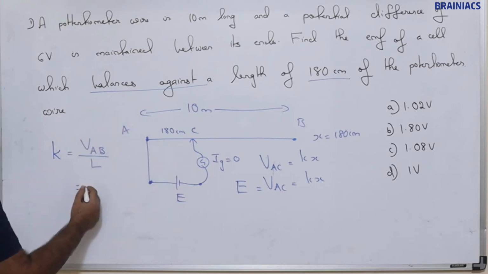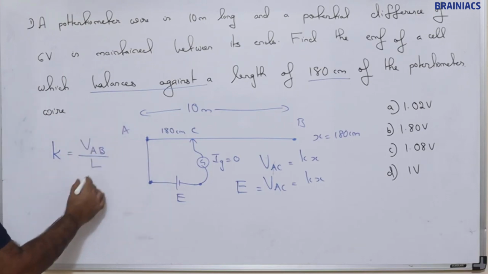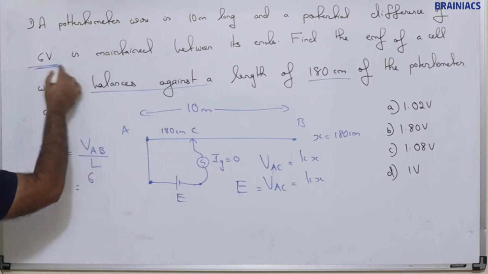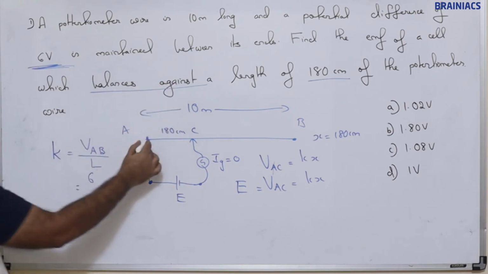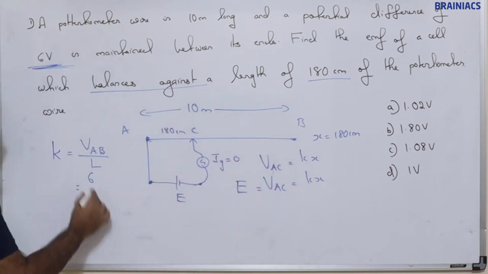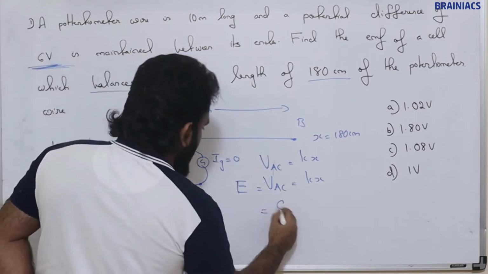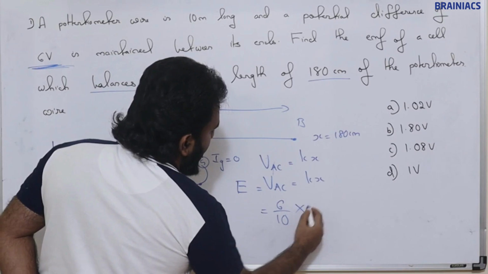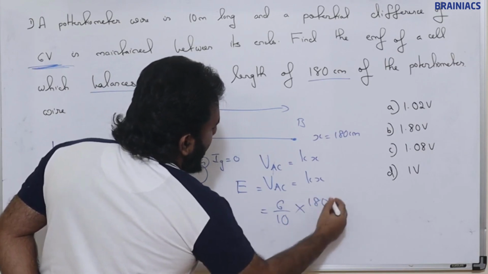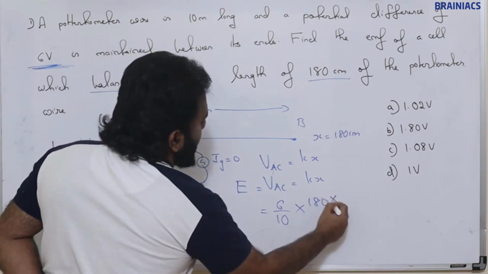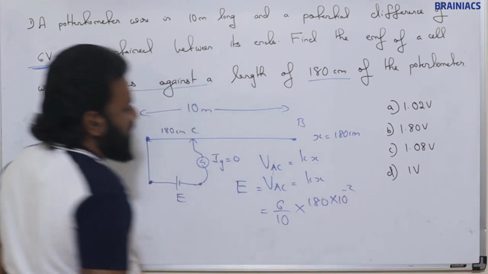How much is VAB? 6 volt is given. A potential difference of 6 volt is maintained across its ends. 6 volt divided by the length, which is given as 10. So we will substitute there. So E is equal to 6 by 10 into 180 centimeter, so into 10 raised to minus 2.